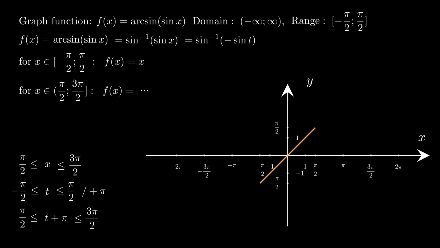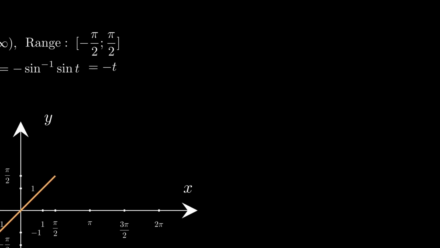We will also use the reduction formula to get rid of pi. After applying the formula, we get a minus, but according to the oddness of the sine, we can place it in front of the expression. After simplifying the inverse functions, we get minus t, but x is t plus pi. After rearranging the letters, we get the equality stating that t equals x minus pi.